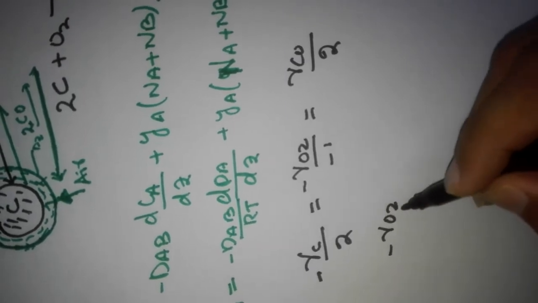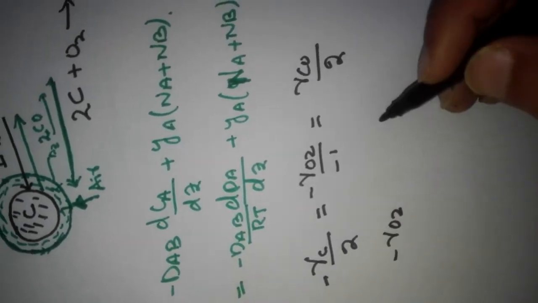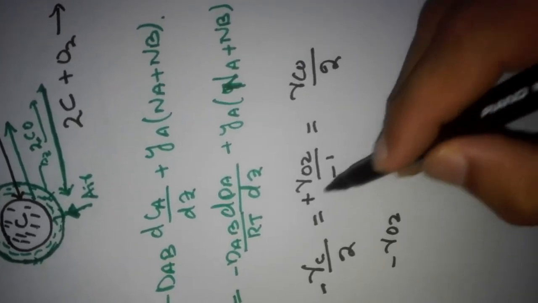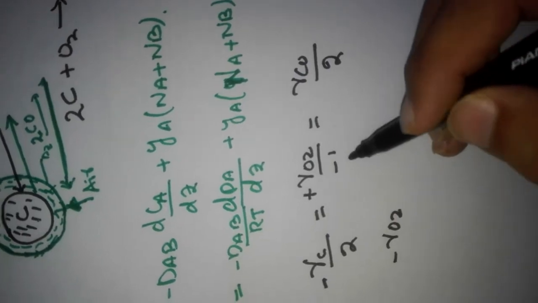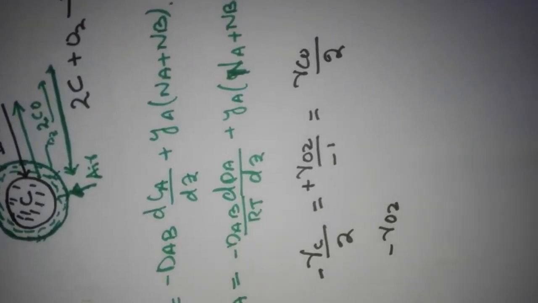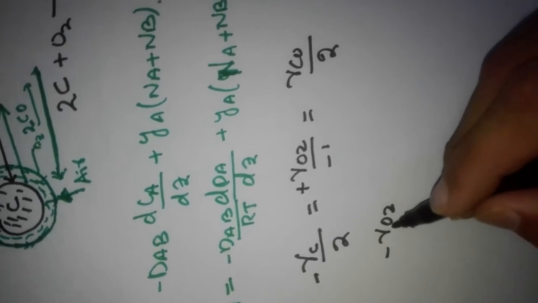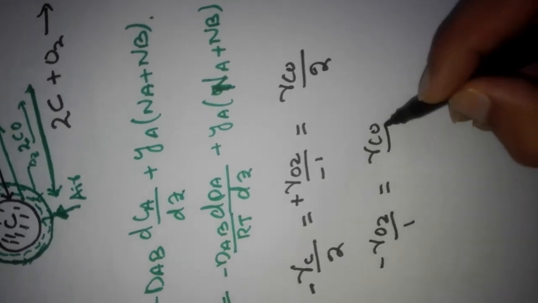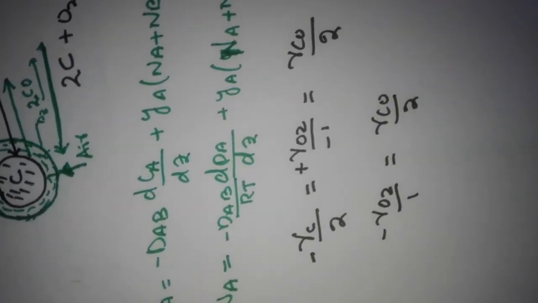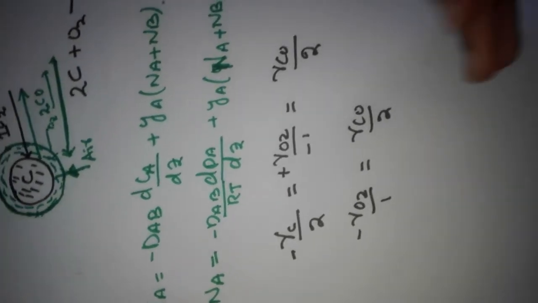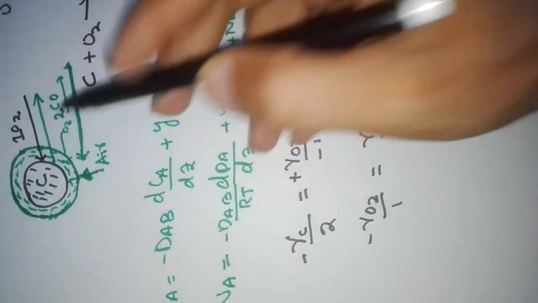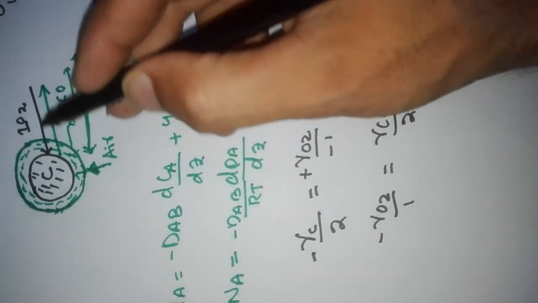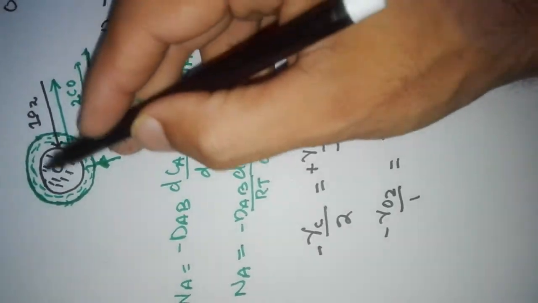Minus rate of consumption of oxygen, sorry, this is oxygen, minus RO2 by 1 is equal to rate of production of carbon monoxide divided by 2. So the rate of consumption of oxygen is nothing but the molar flux of oxygen passing through the stagnant air and coming to the carbon particle.